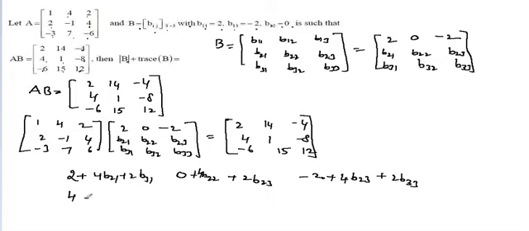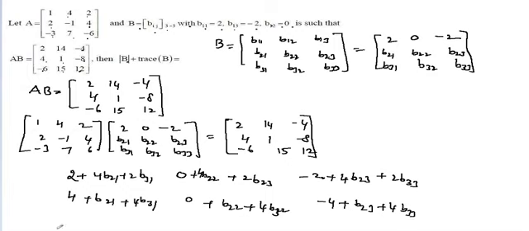Then 4 plus B21 plus 4 B31, 0 plus B22 plus 4 B32, minus 4 plus B23 plus 4 B33, and minus 6 plus 7 B21 plus 6 B31, 0 plus 7 B22 plus 6 B32, 6 plus 7 B23 plus 6 B33.